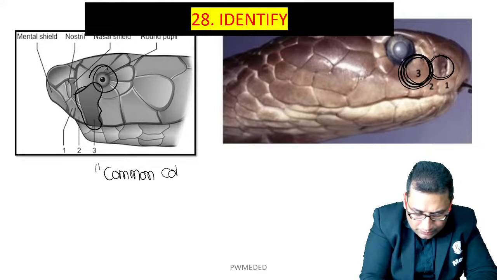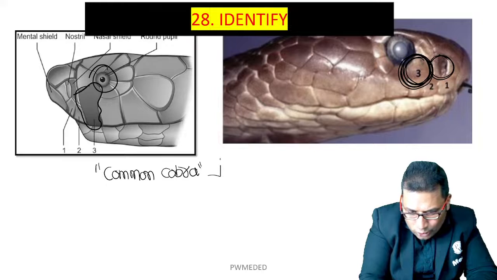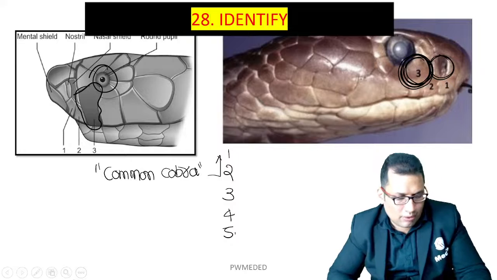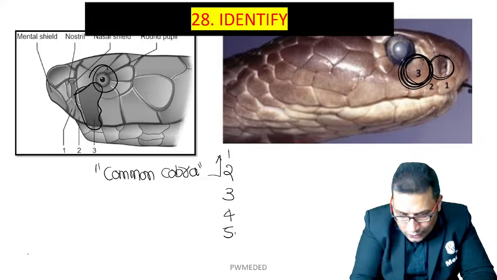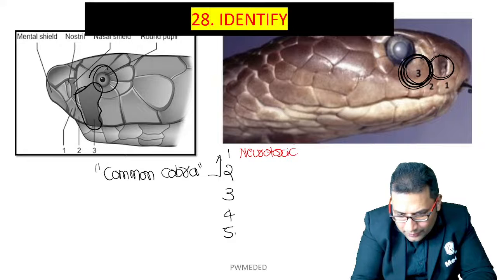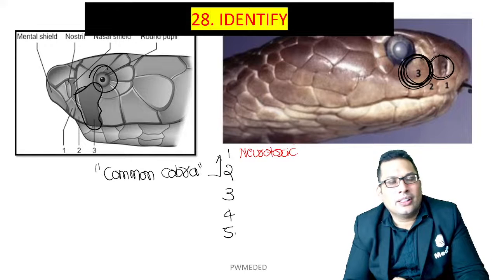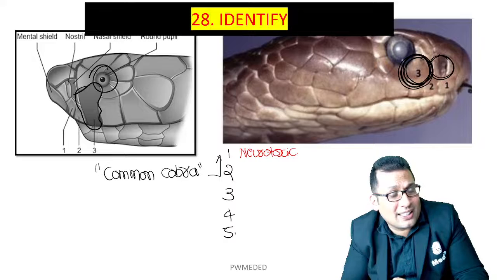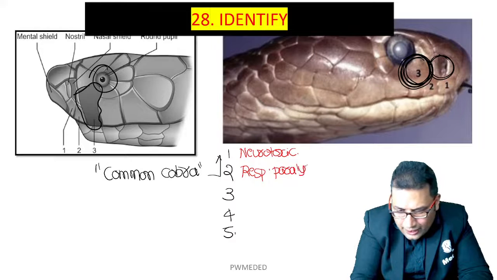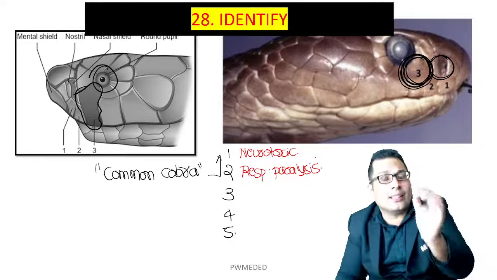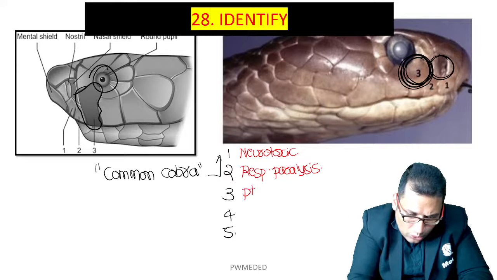Common cobra. Let me discuss 5 points about common cobra. It is an Elapidae. It is neurotoxic. Point number 1 is neurotoxic snake. Point number 2, cause of neuroparalysis, respiratory paralysis and death. What is the cause of death? Respiratory paralysis. What is the earliest symptom? The answer should be ptosis.